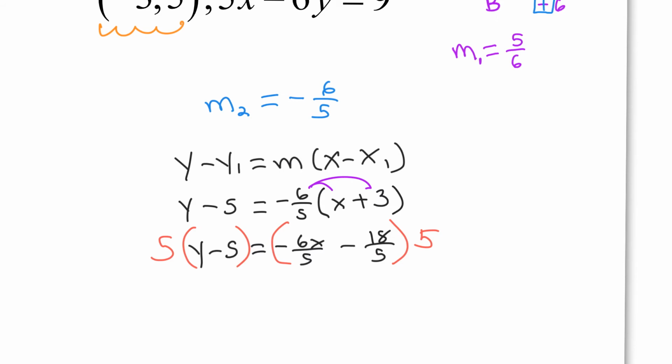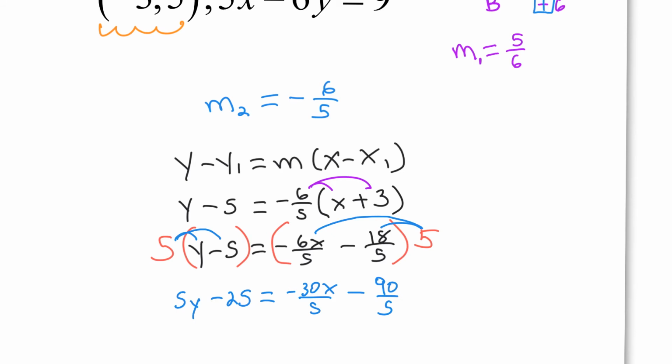So when I distribute, I'm going to get right here 5y minus 25 equals, I'm going to distribute, that'll be -30x/5 and that's going to be negative 90 over 5.